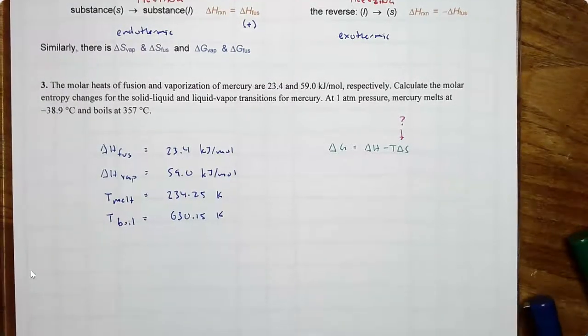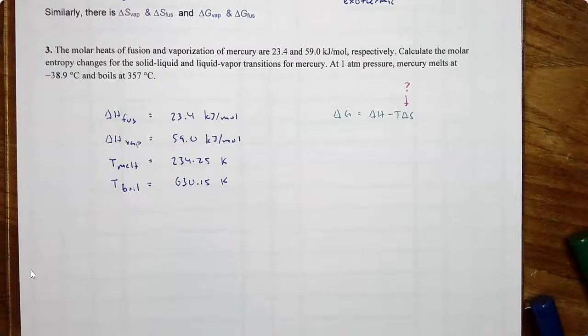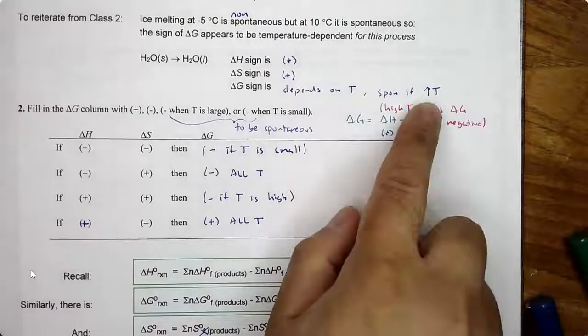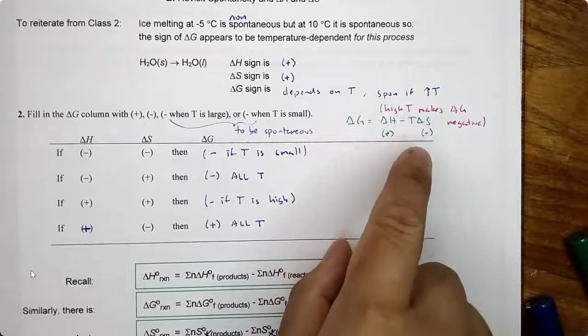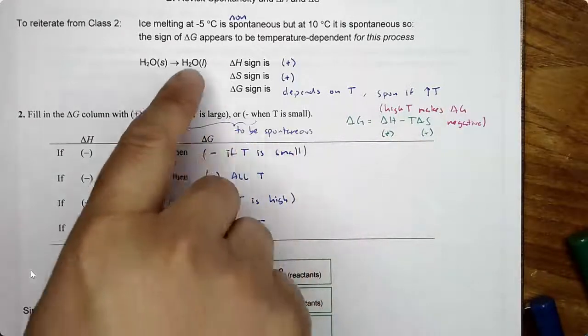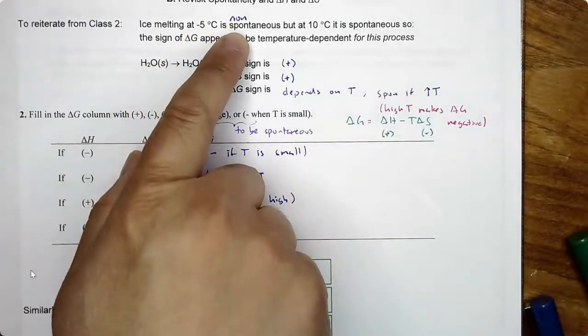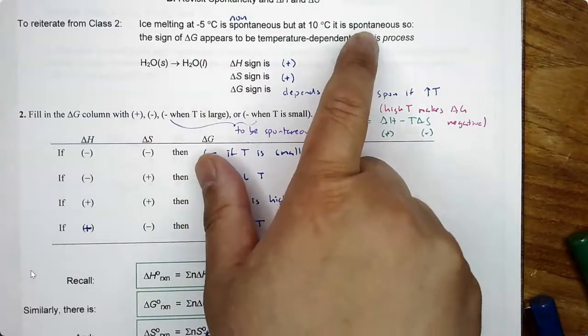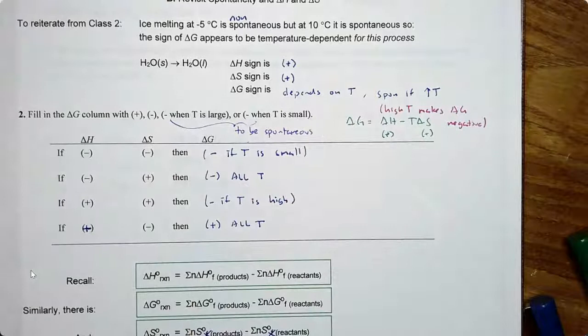So here's the deal. Remember when we talked about the melting point of ice and it was temperature dependent, and at 5 degrees we see that delta G is positive because it's non-spontaneous. At 10 degrees it's negative, but at some point, at some temperature, it crossed over from positive to negative.